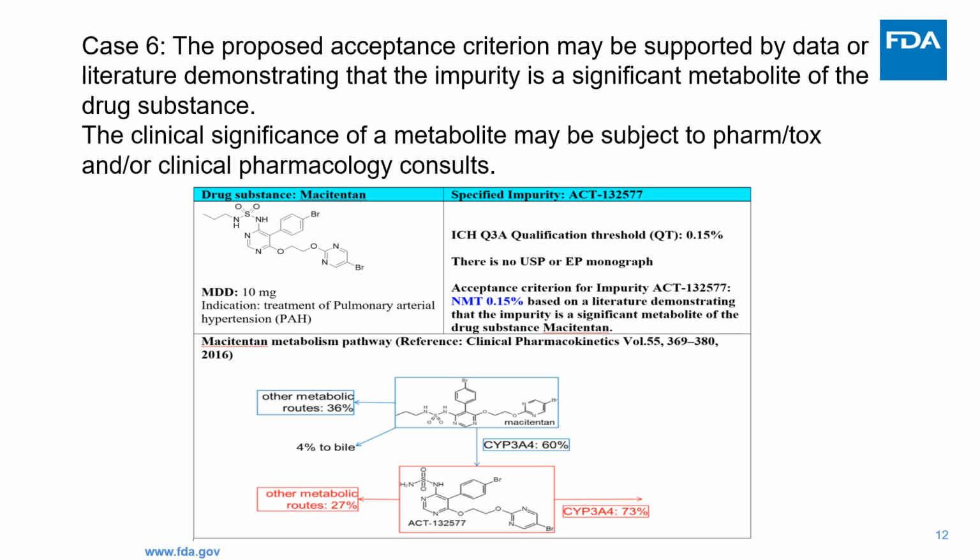Therefore, the limit for impurity ACT-132577 can be set at the ICH qualification threshold of 0.15% in a DMF. It should be mentioned that in some cases, the clinical significance of a metabolite may be subject to pharm/tox and clinical pharmacology consults.